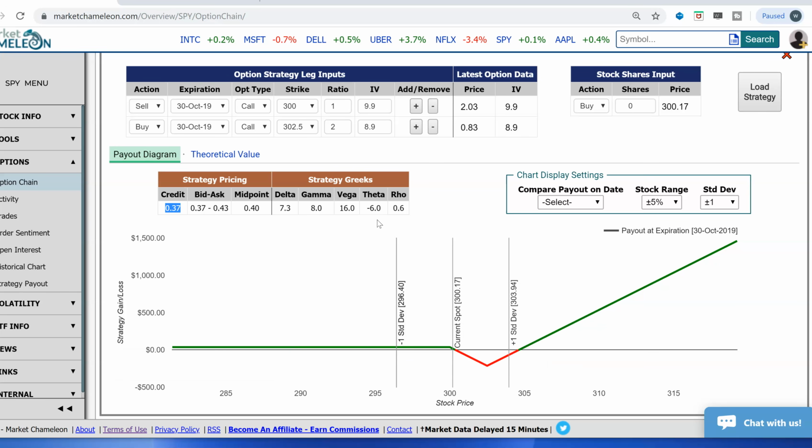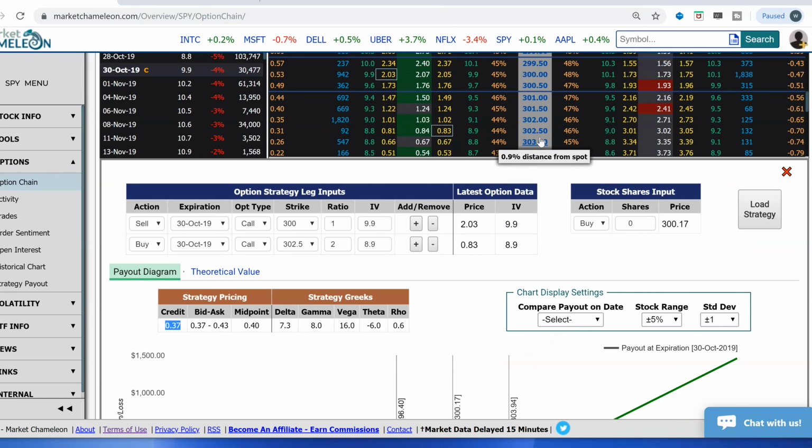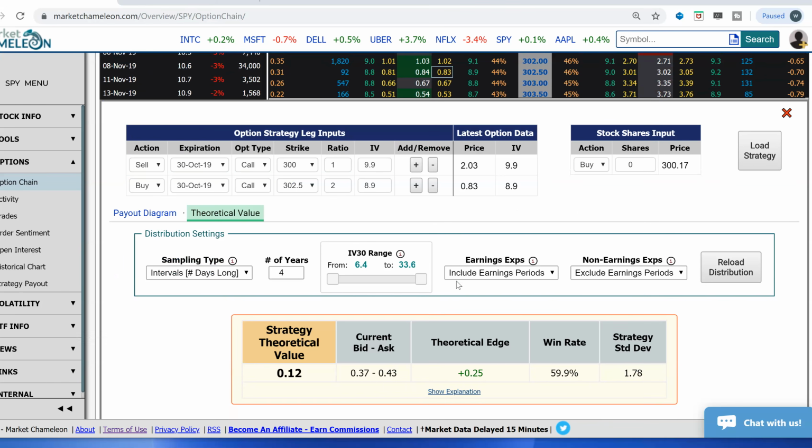Now, another thing you might want to look at is, if you do this, how did this strategy perform historically? This type of strategy, if you sold the at the money, bought the out of the money strike the same distance away with this ratio, how did it do historically? We already automatically have that theoretical value. So let's change it to 6 years of data.